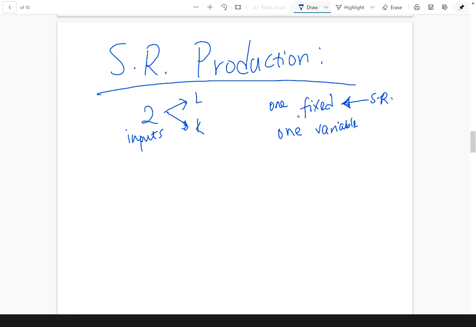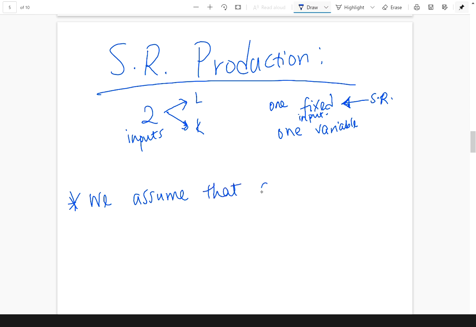Now we assume typically that capital is fixed in the short run, because you can typically hire and fire people a lot easier than you can capital.